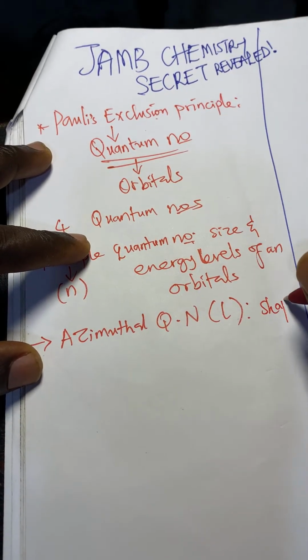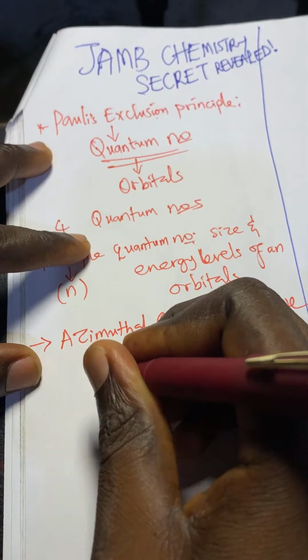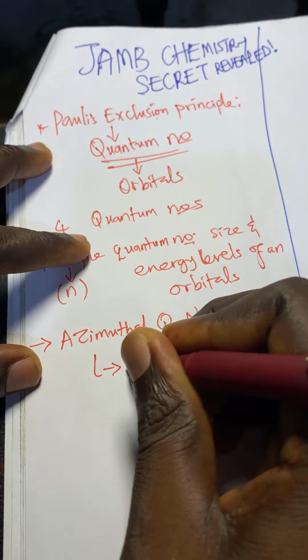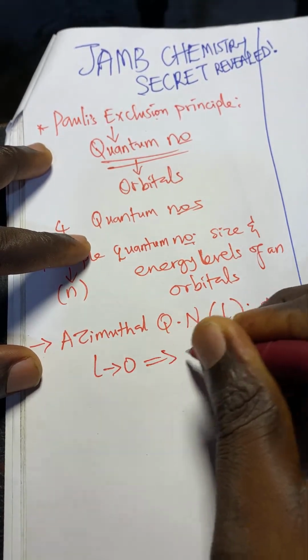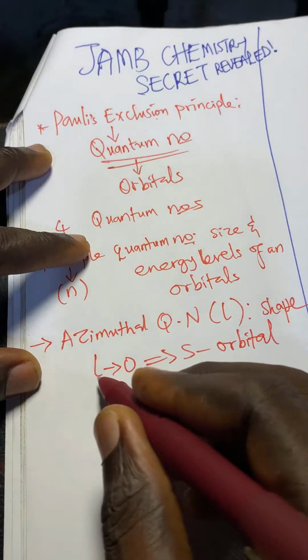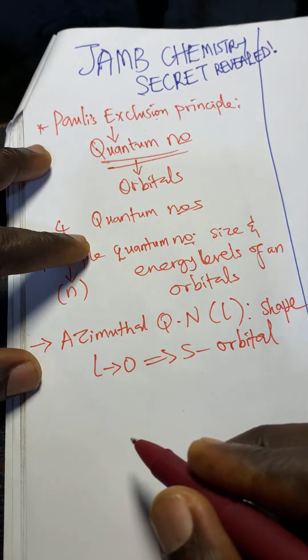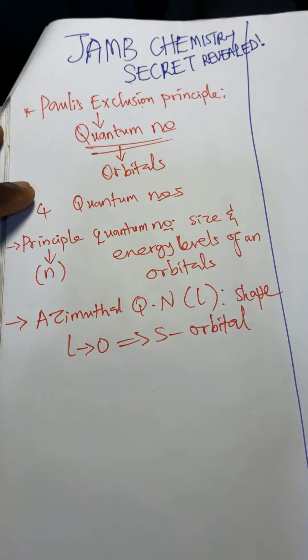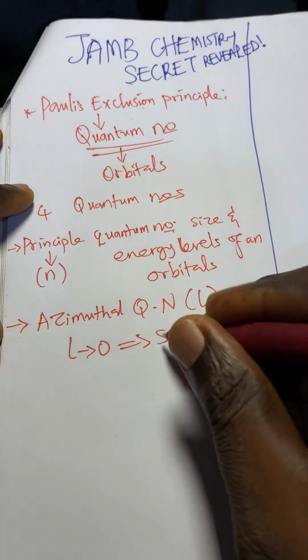So let's put shape. And that is why you should know there is a value at l equal to 0. It stands for what we call the s orbital. Whenever the value of azimuthal is 0, it means s orbital. And the question is, what is the shape of the s orbital?